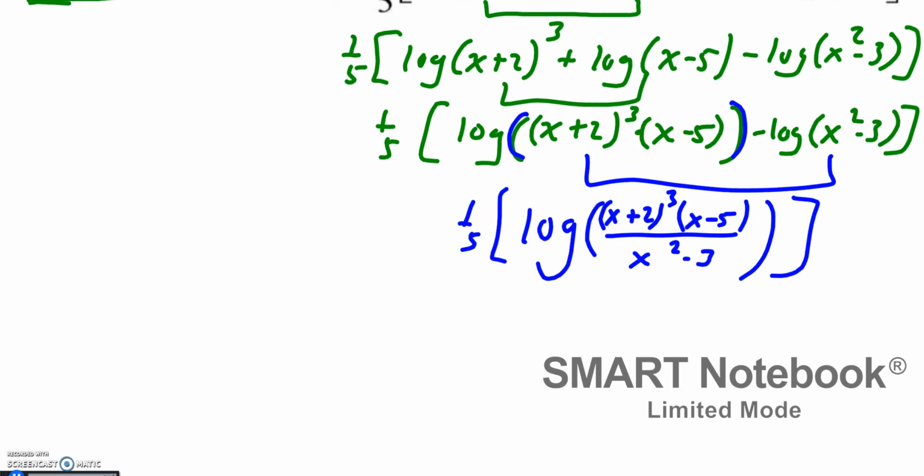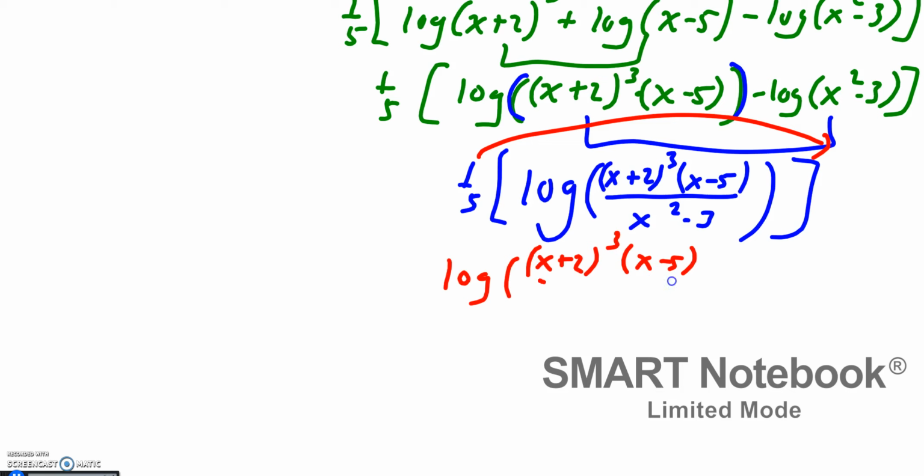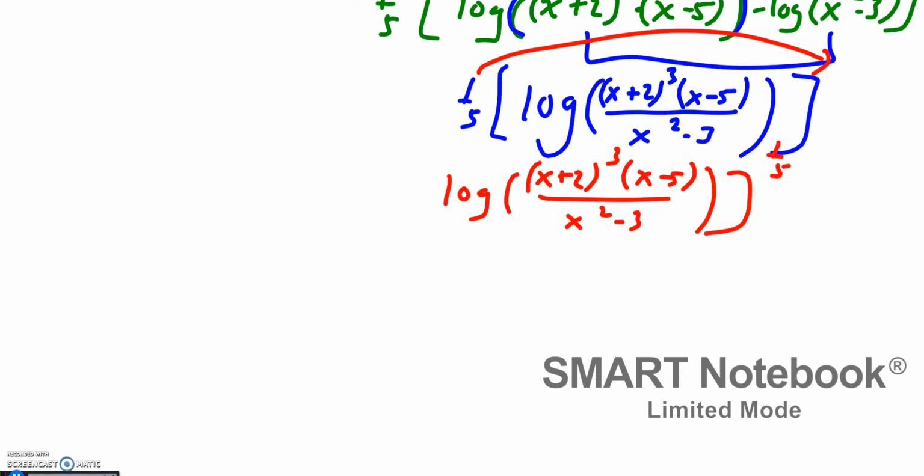Now, according to the power rule, if we'd like to continue condensing, this 1/5 is going to come to the top. So we'd have log of (x plus 2) to the third times (x minus 5) over (x squared minus 3), and we would raise that to the 1/5 power. Now this 1/5 really only applies to everything inside the log. And 1/5 power, again, really means the 5th root.